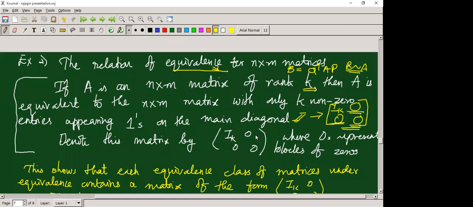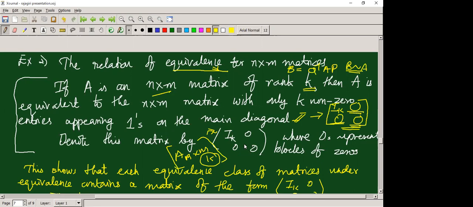So any n by m matrix of rank k, they are all equivalent, and the canonical representation, or the simplest matrix with which we can name that equivalence class, is [I_k 0; 0 0].